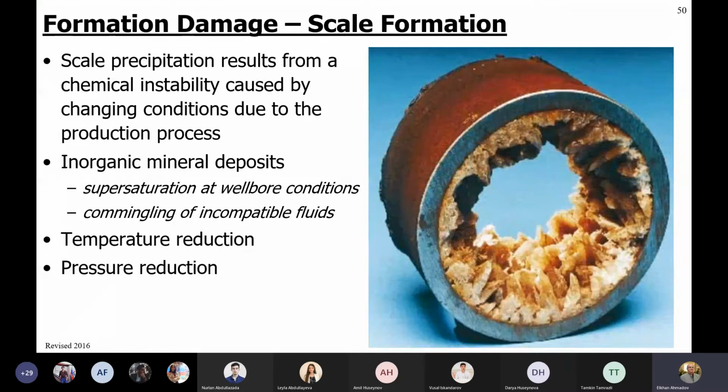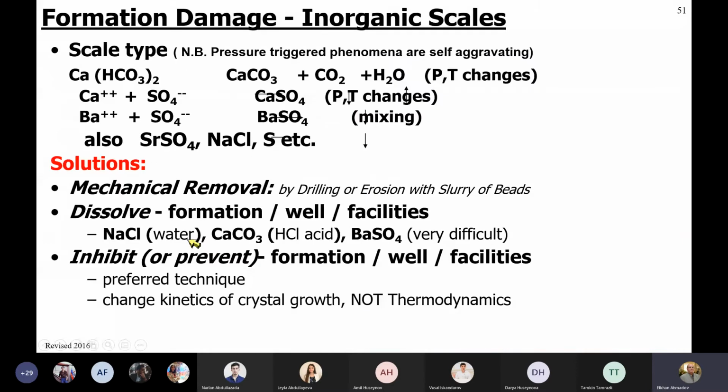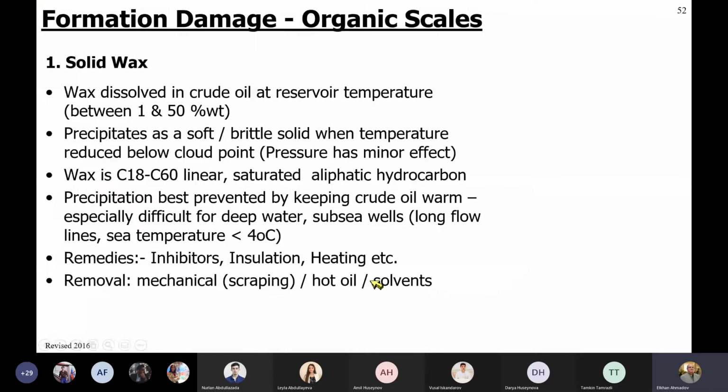These are the chemical reactions and how to solve this problem: mechanical removal, or dissolving the scale in the well facilities by injecting sodium chloride, calcium carbonate, or HCl acid, or using inhibition to prevent the buildup of scales.